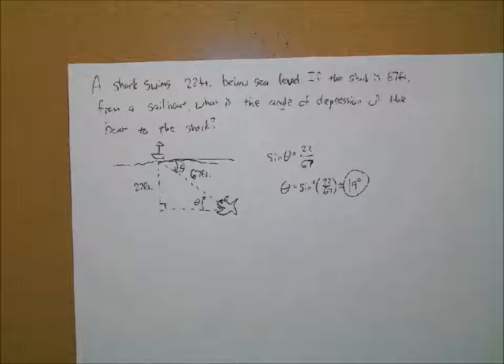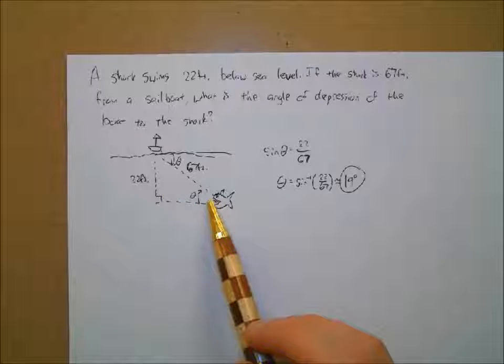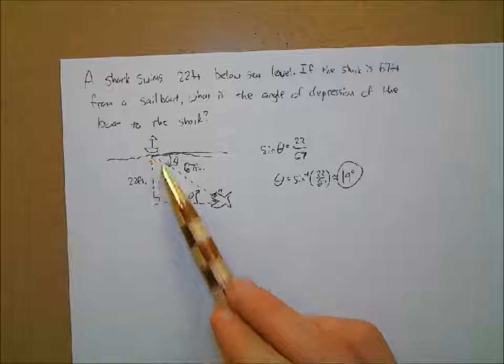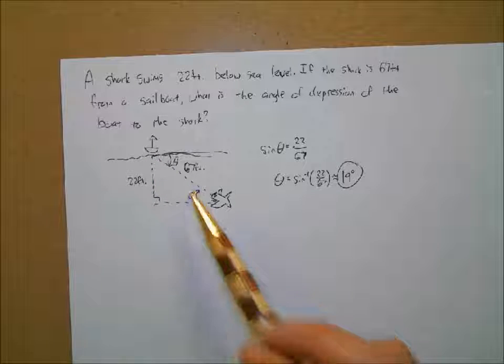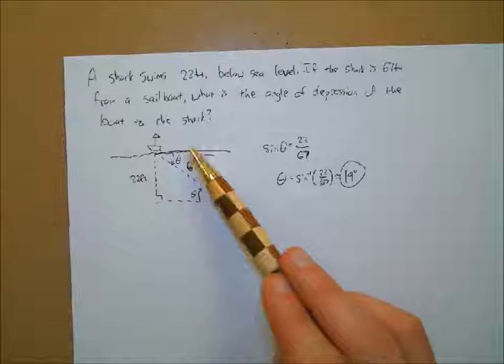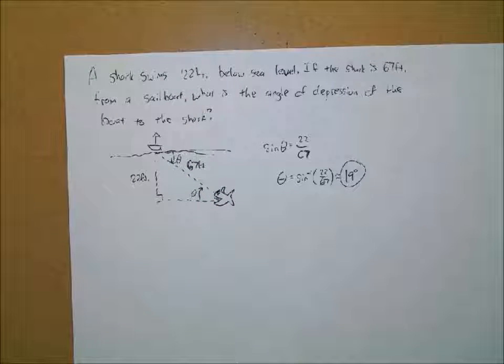In this case, with the way I drew my triangle, I actually found the angle of elevation for the shark to the sailboat. But of course, the angle of elevation from the shark to the sailboat is the same as the angle of depression from the sailboat down to the shark. Okay? So that's all I've got for you there. Questions on any of that?